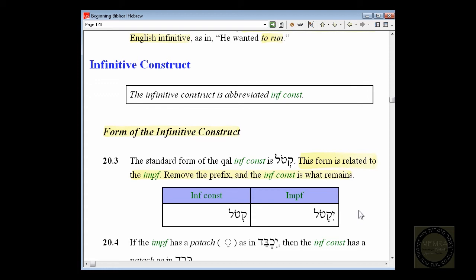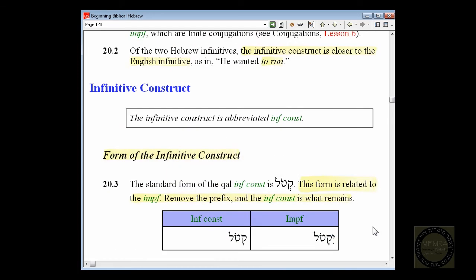The basic form, as we can see here, is exactly like the imperfect with the prefix of the imperfect removed. So as he says here in 20.3, the form is related to the imperfect. Remove the prefix and you have the infinitive construct. So the basic form using the paradigm lemma qatal would be qetol.